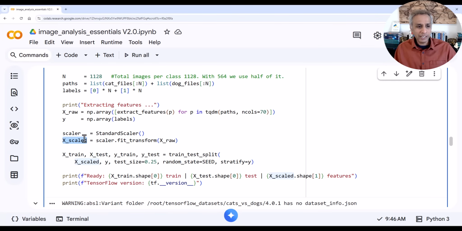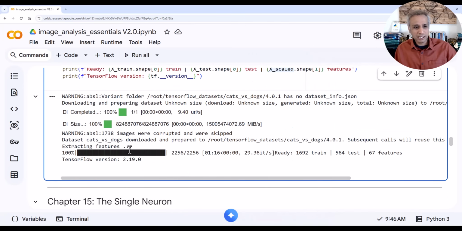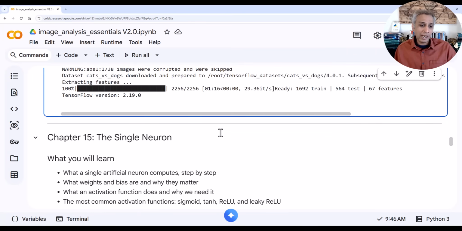Once it's ready, we split that into training and testing data set. In this case, we are doing 75% for training, 25% for testing. That's it. So this entire cell, I hope, makes sense. Now, this takes a little bit of time, so I did it literally a few minutes before I started the recording.